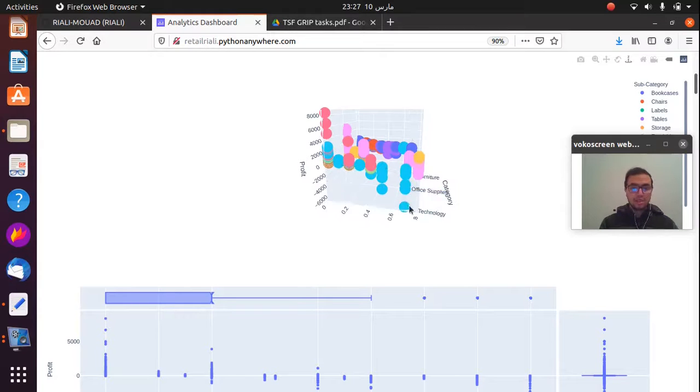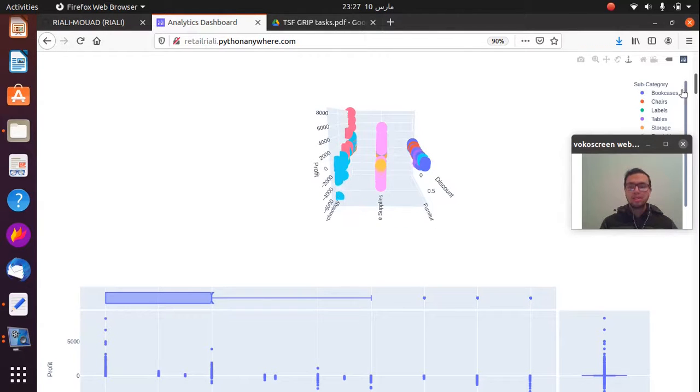But for machines, we have some sold at a 70% discount, and we get a profit of about minus 938. We're talking about each value, not the mean.